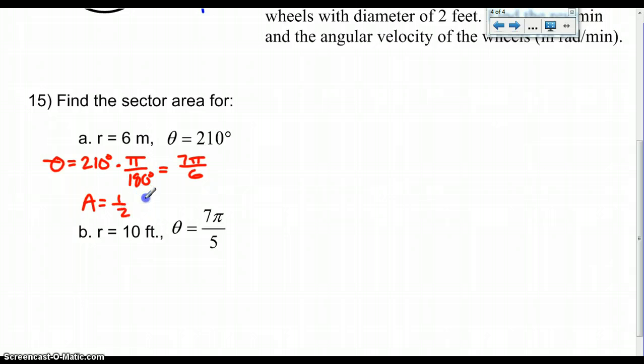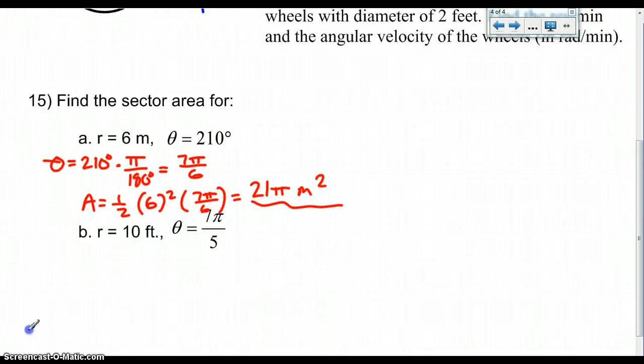So now I can use my sector area formula, 1/2 times the radius squared times 7 pi over 6, our central angle. And when we go through and do the multiplication there, we get 21 pi square meters.